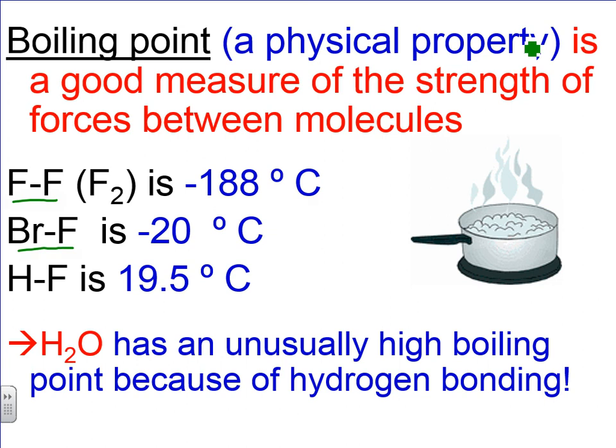Now, what you'll see is that diatomic fluorine has a really low boiling point, quite a bit below room temperature. Bromine and fluorine have negative 20 for the boiling point, so it's still a gas, but not as bad. However, HF is actually almost a liquid, so its boiling point is 19.5.